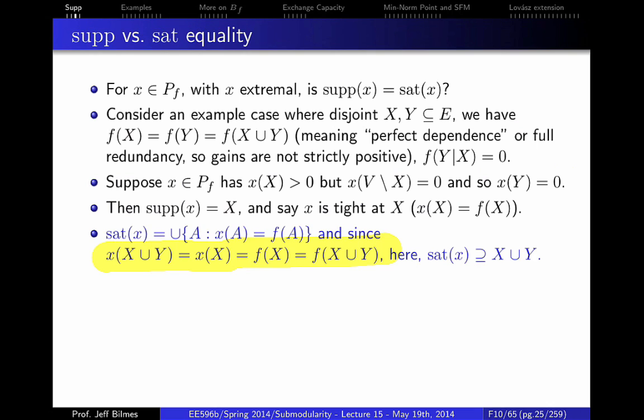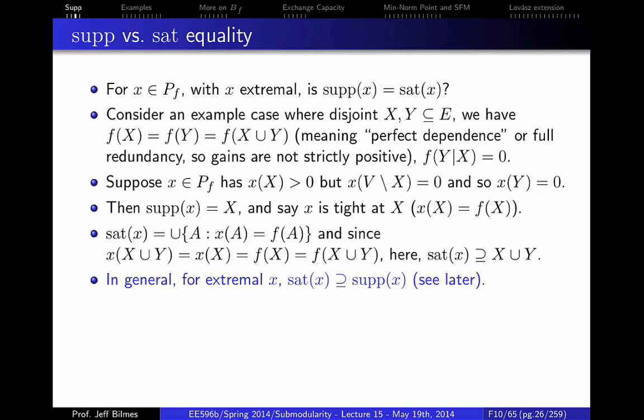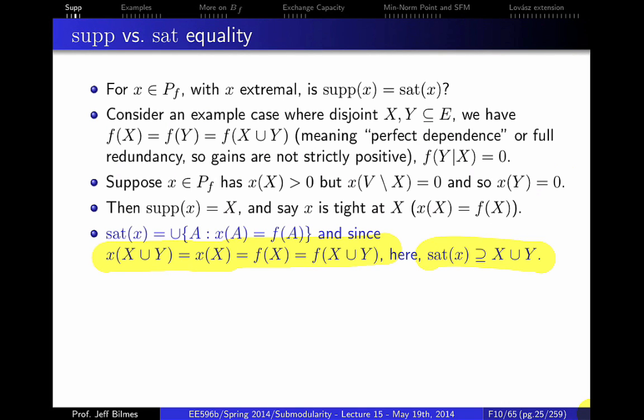So therefore, x union y is a tight set, and therefore sat must be greater than or equal to x union y, since sat is the greatest one. So sat is greater than or equal to sup, or in this particular case, sat is strictly greater than sup.